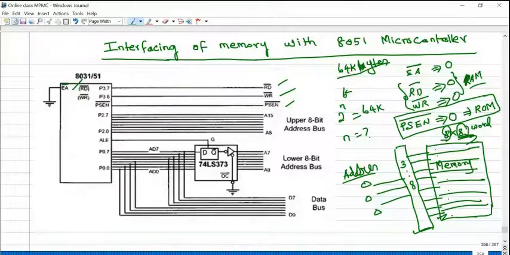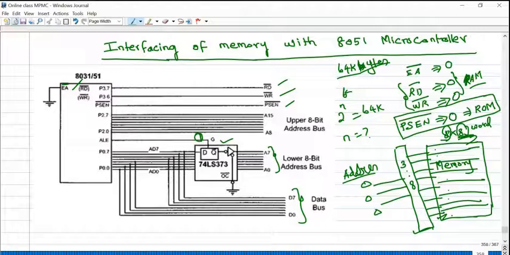So we need some more integrated circuits, latches. Whenever address latch enable equals 1, AD0 to AD7 carry the address information. Once the address is latched out from AD0 to AD7, make ALE equal to 0. Now AD0 to AD7 will be used for carrying the data information.